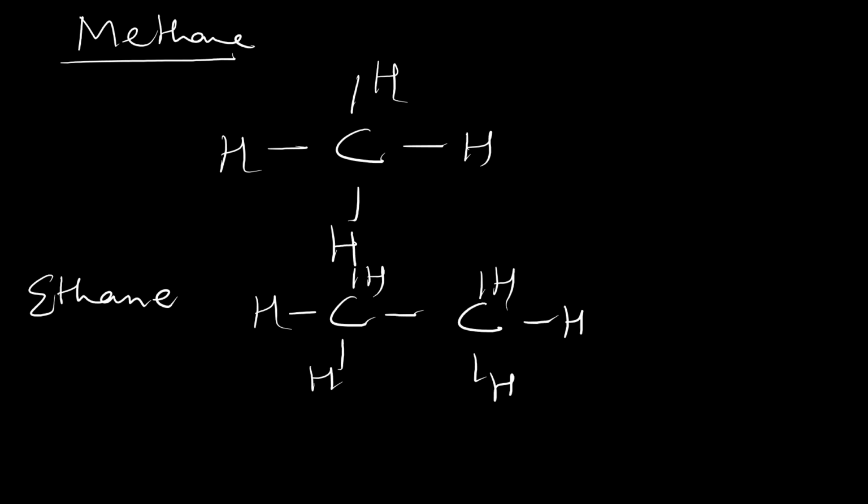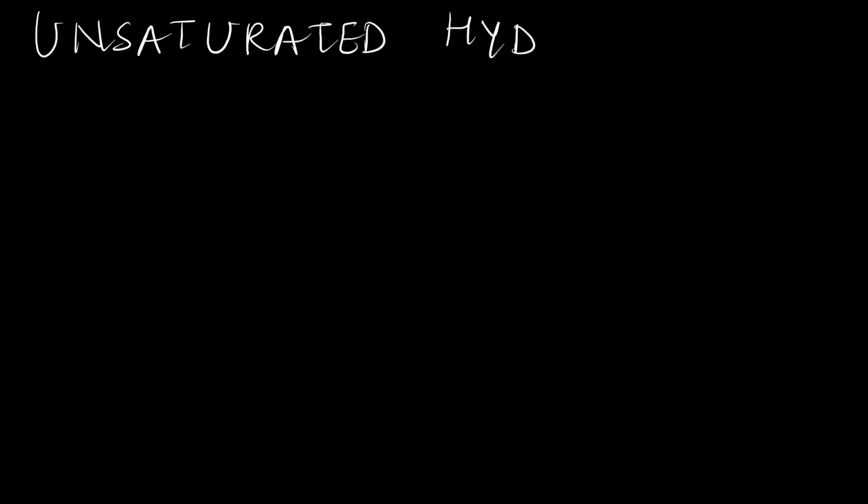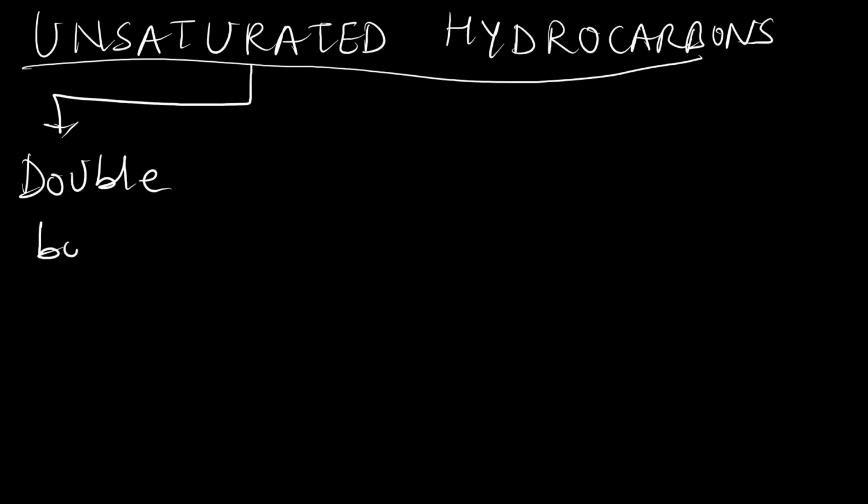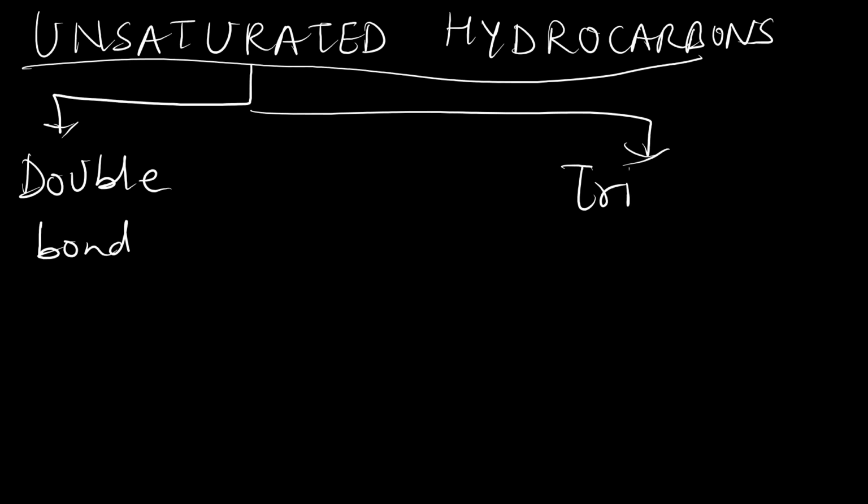Then we have unsaturated hydrocarbons. Unsaturated hydrocarbons are those hydrocarbons which contain a double bond or triple bond between carbon atoms.